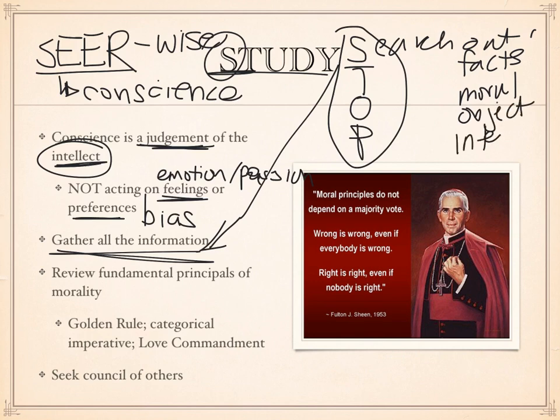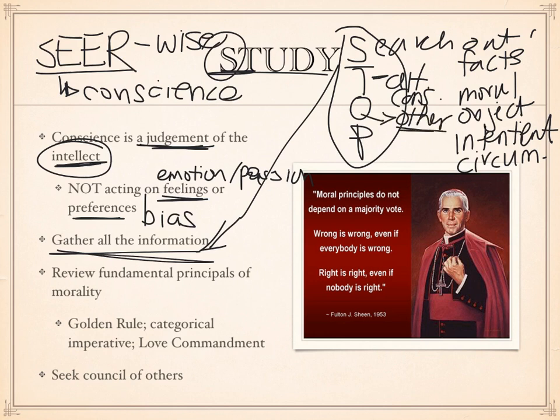The intent. What is the motive? And then also the circumstances. Who, what, when, where. So you have to find that out. Then the T was to think about alternatives and consequences. The O was to consider others, both consult them and then consider how your actions will impact them. And the P was to pray. Always bring God into the mix. So you have to do that whole STOP method just to figure out what your options are.